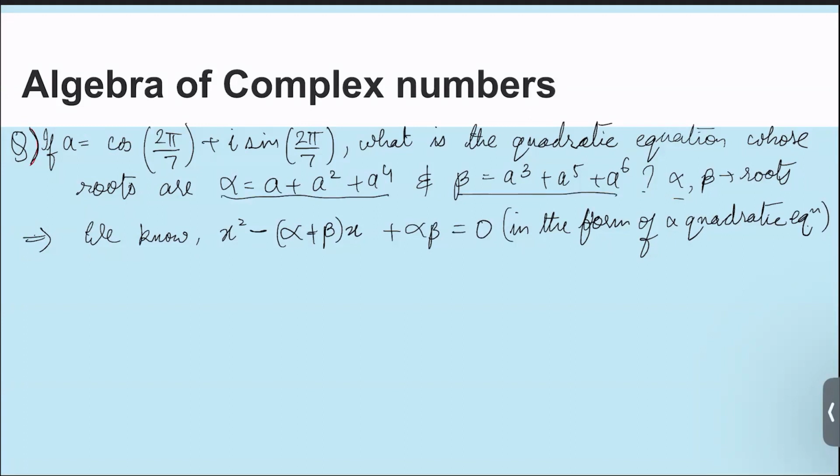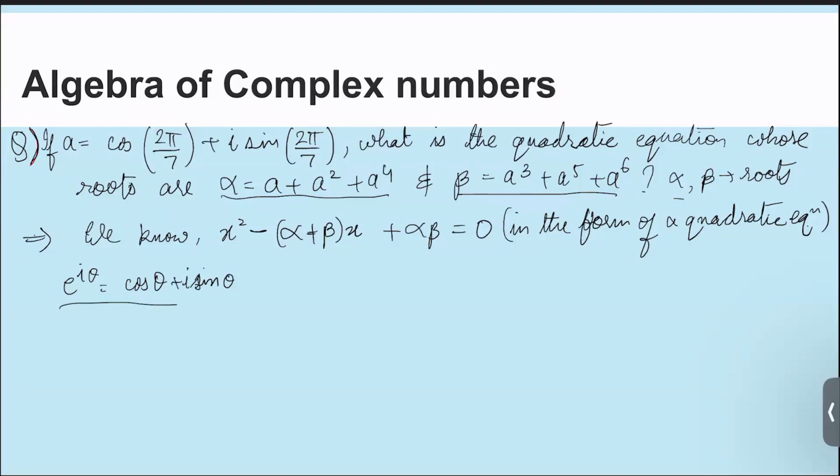So before we start solving to see what the roots are in more condensed form, if you remember, we had seen that e to the i theta is equal to cos theta plus i sine theta.